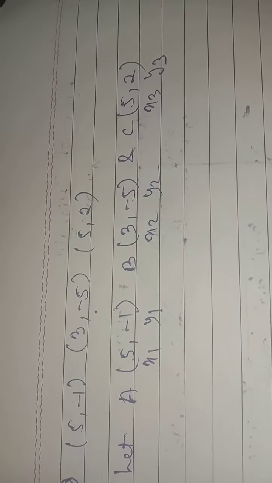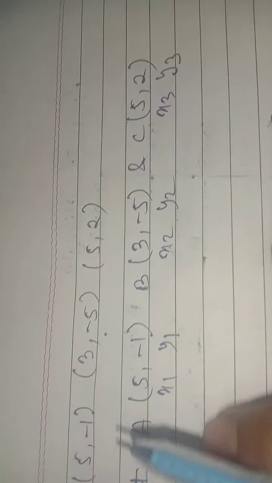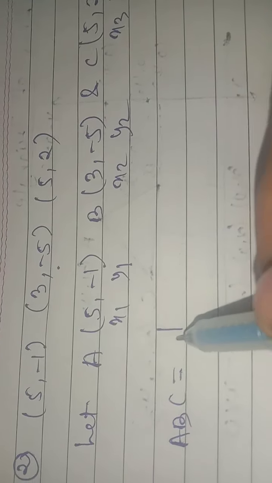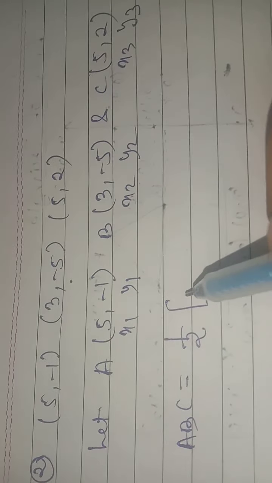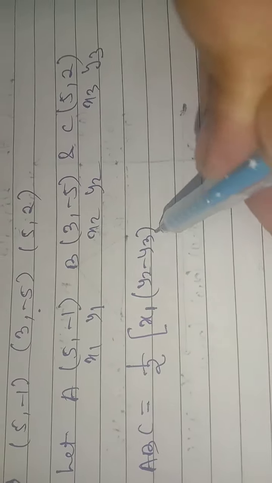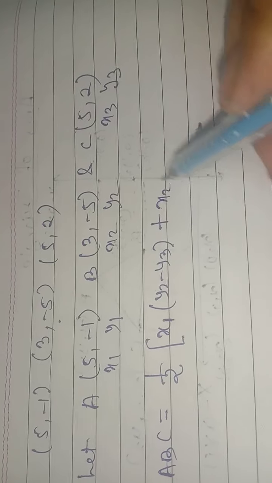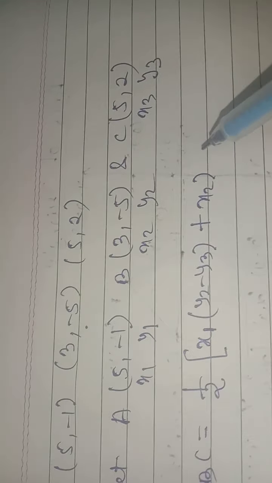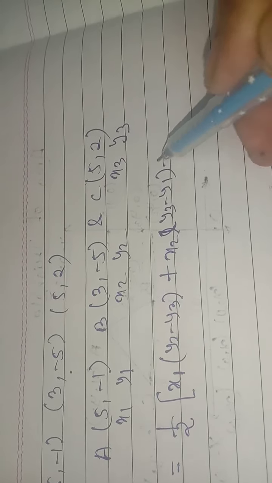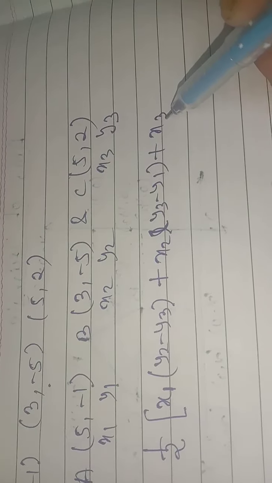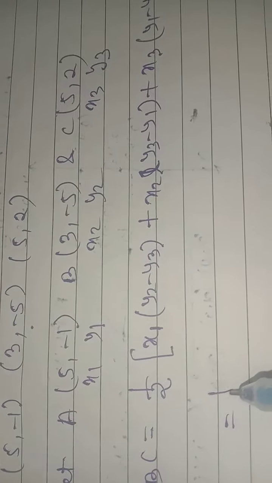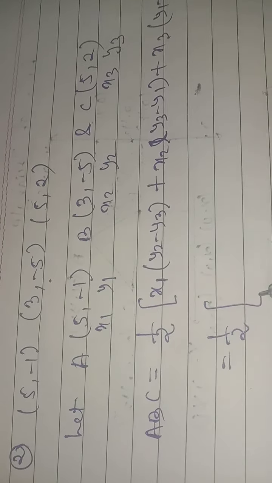Clear? Again we are going to use the formula: area of ABC is equal to half. Keep on writing the formula in each and every question. x1 (y2 minus y3) plus x2 (y3 minus y1) plus x3 (y1 minus y2). Now let's put the values.